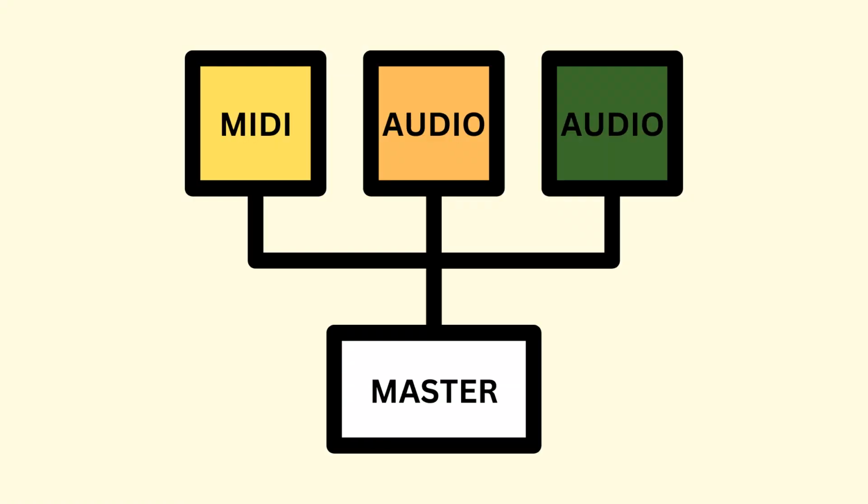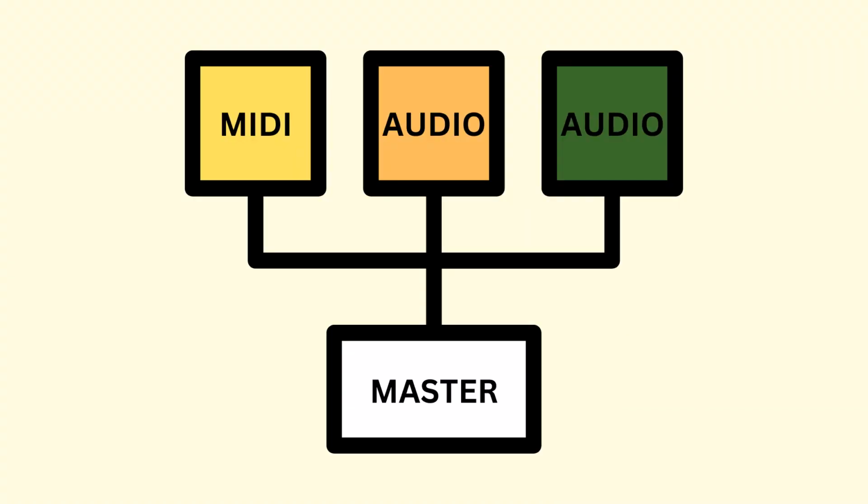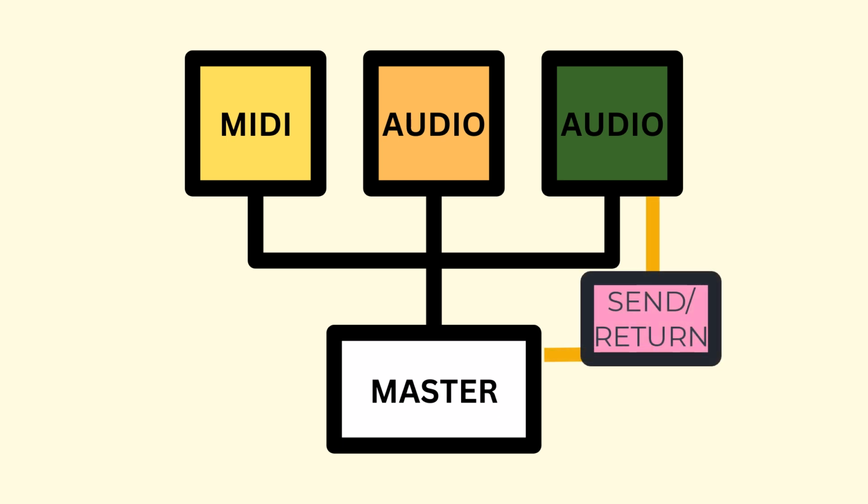In addition to that basic setup of having a channel that receives an input from a sound or from some MIDI information and then outputs to the master, you may also be getting some familiarity with return channels, which is where you can split or copy a signal coming out of a channel and send it also to, say, for example, a reverb or a delay or maybe some parallel compression or saturation, whatever kind of effects you might want to add to it.